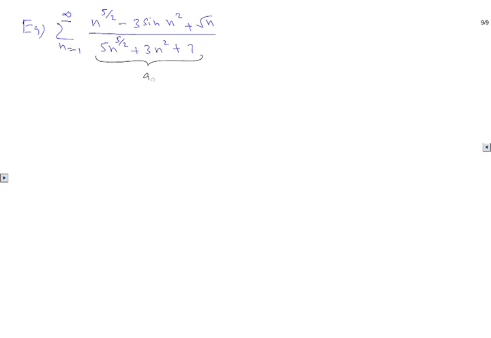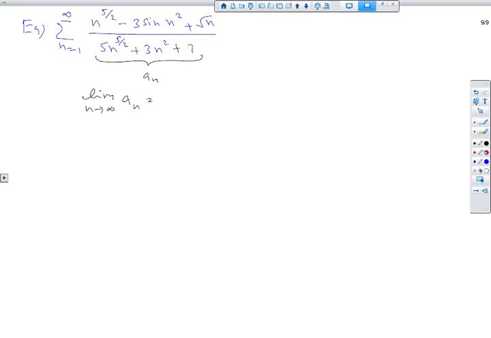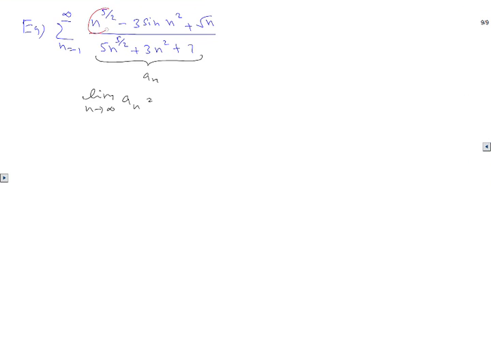Again as before, we can take the limit as n goes to infinity of an. You only need to look at the dominating terms. This is the dominating term in the numerator, and this is the dominating term in the denominator. We need to say something about the sine.